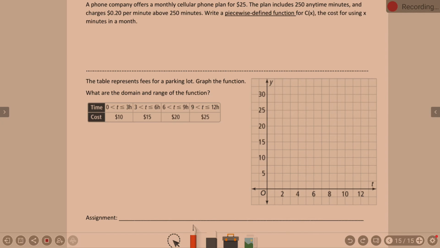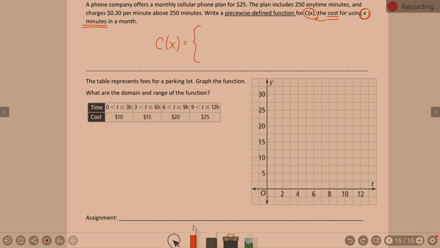So, notice they asked me to use C of x and write a piecewise defined function, yes? And they're telling me to use x, and what does x represent? Minutes. Okay, so C is cost, x is minutes.